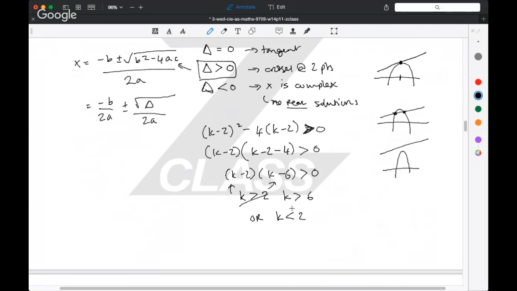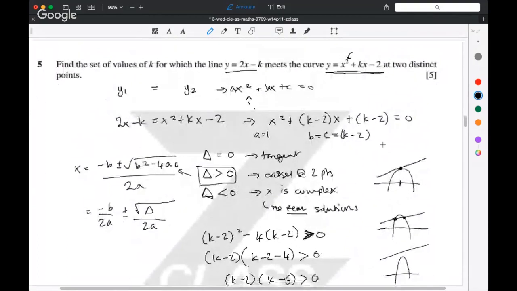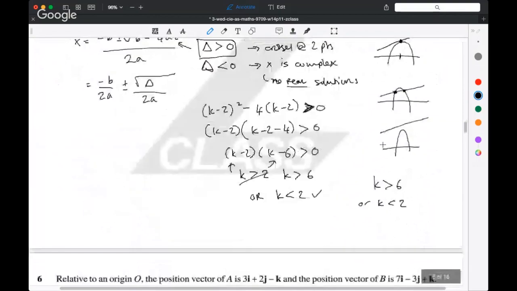So we're fine. This case is also fine, but nothing in between. So our condition is that k is greater than 6, or k is less than 2. That's the set of values.